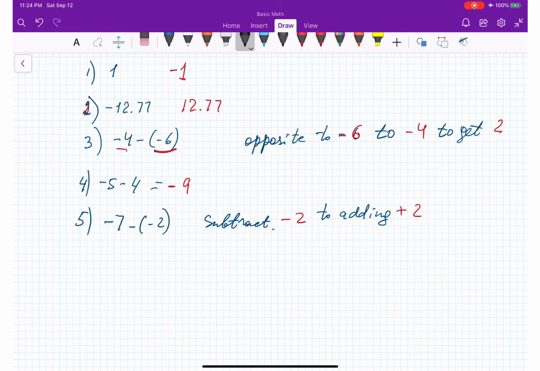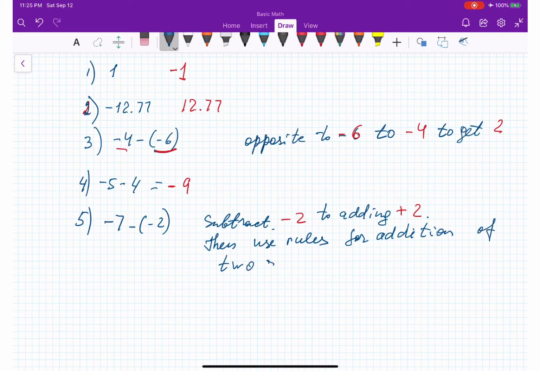Next, then use the rules for addition of two real numbers with different signs.